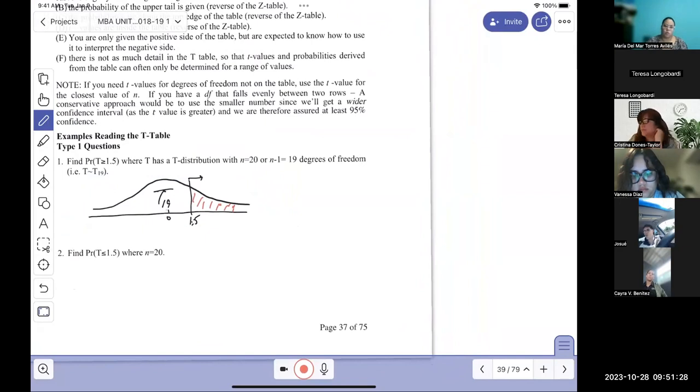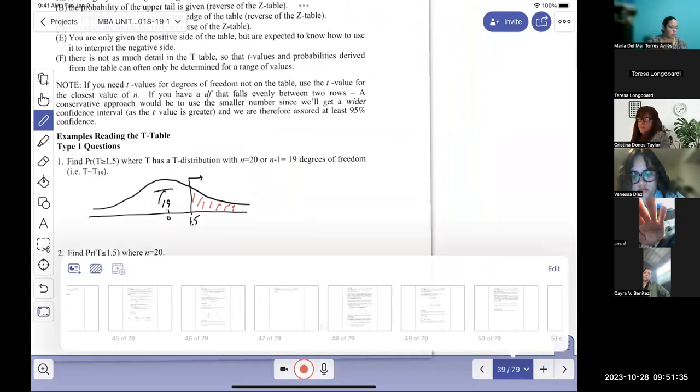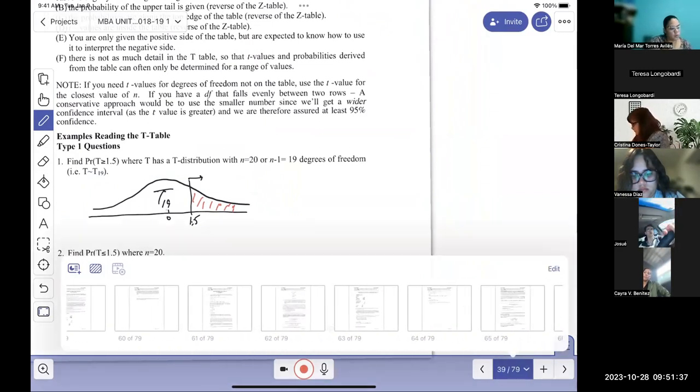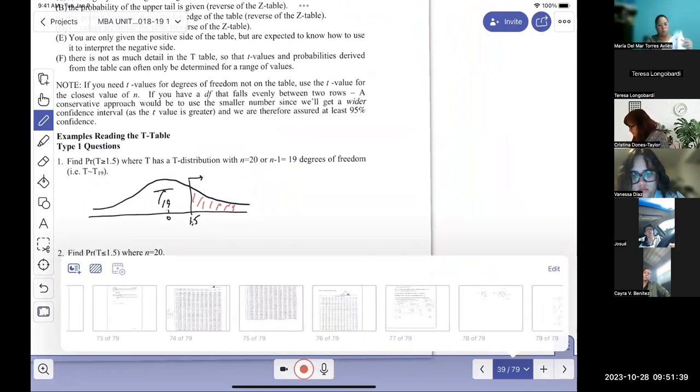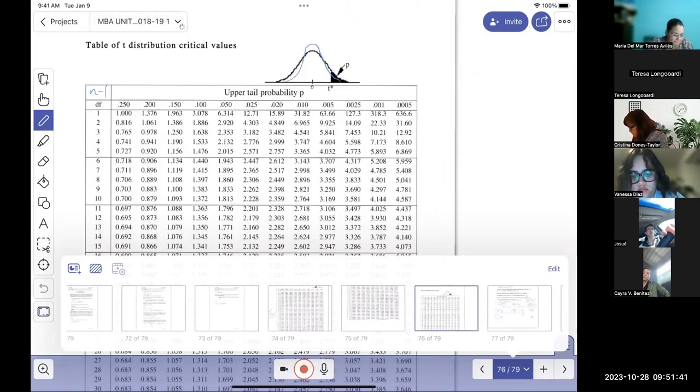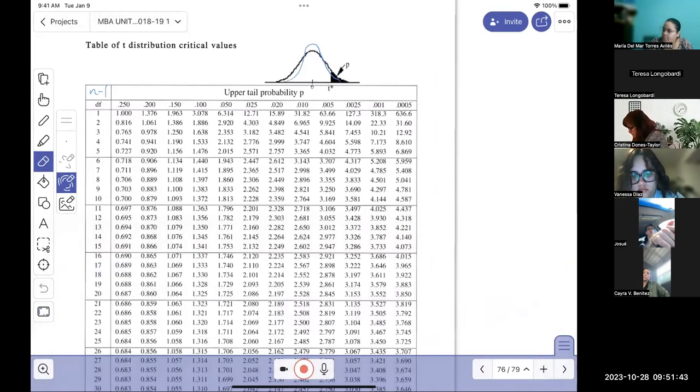So we go to the table. We look on the 19th row, and we look for that number, 1.5.